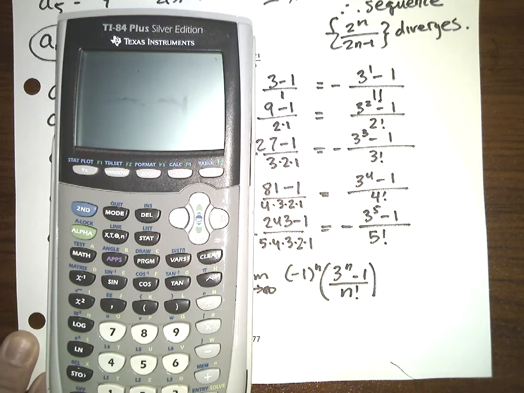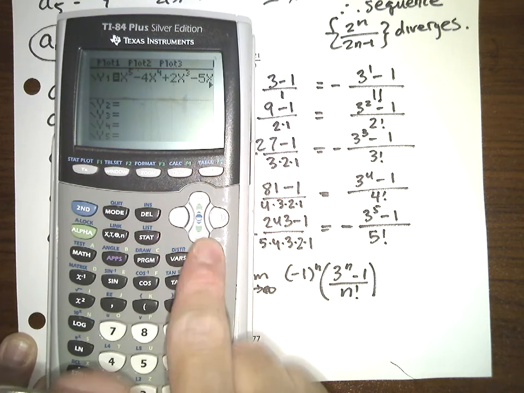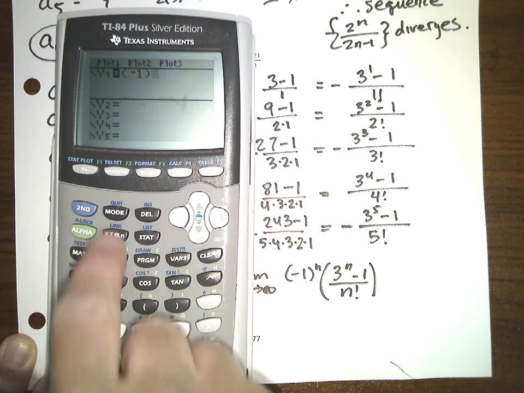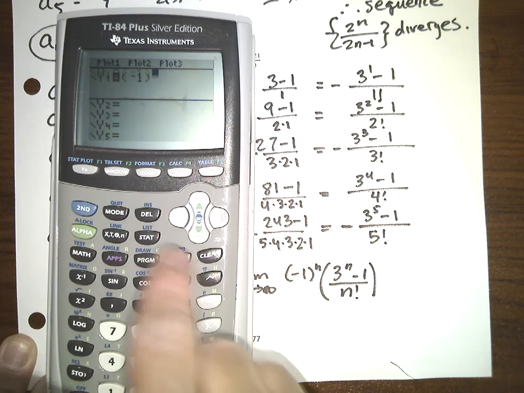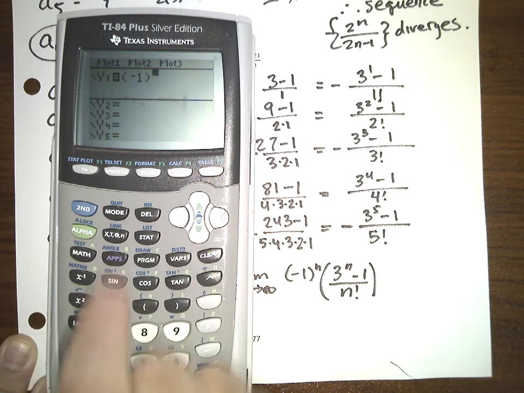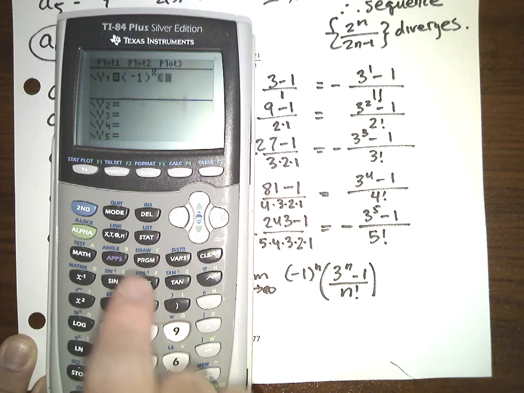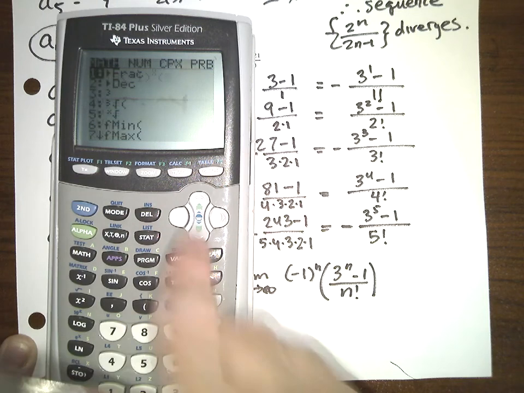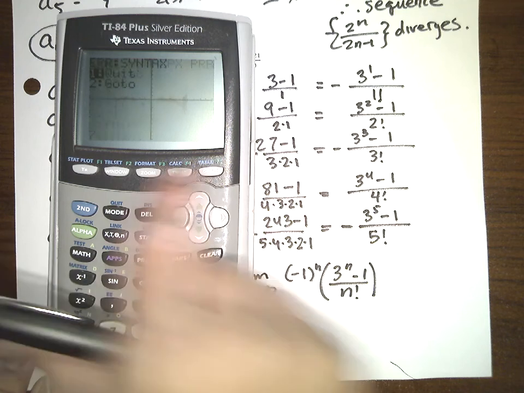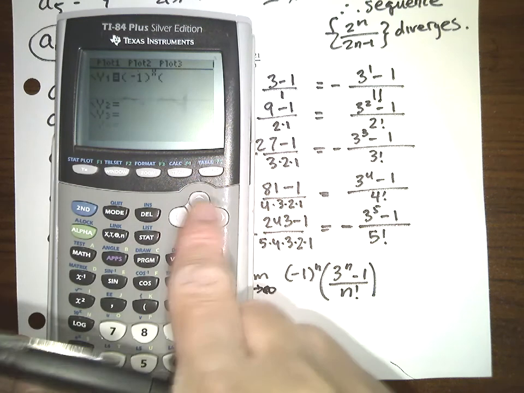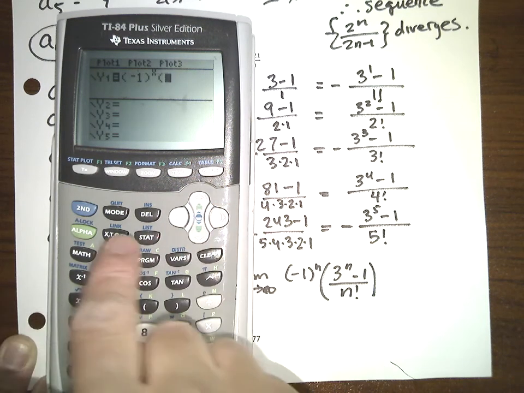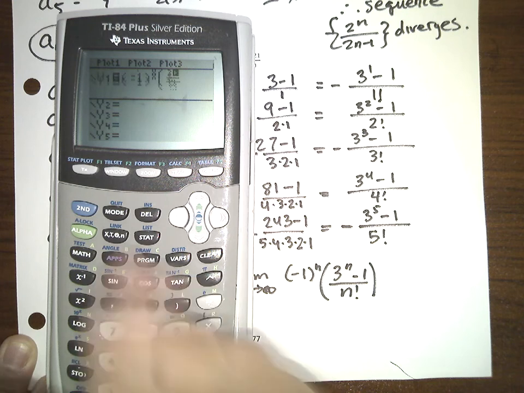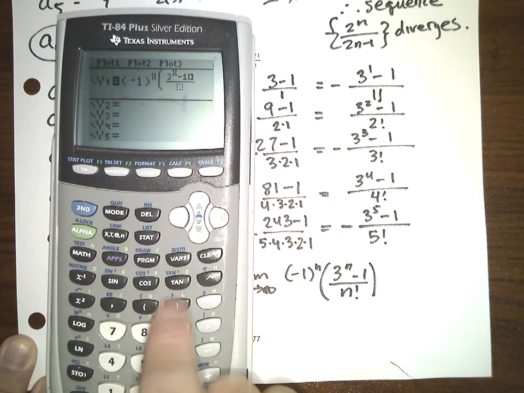If I treat it like a function of x, I have -1 to the x power times the fraction, 3 to the x power minus 1.